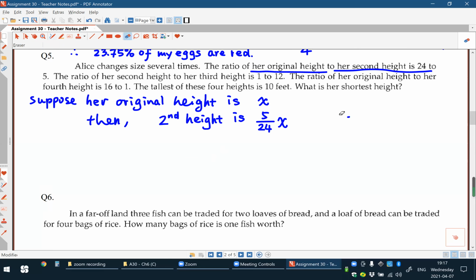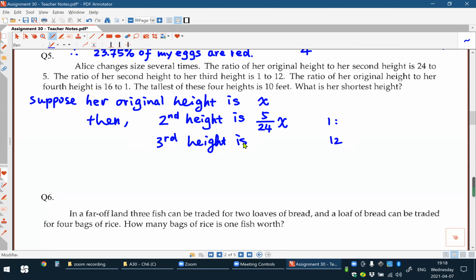Okay, so now let's consider the next piece of information. The ratio of her second height to her third height is 1 to 12. So this is 1 unit, and the third height is 12 units.